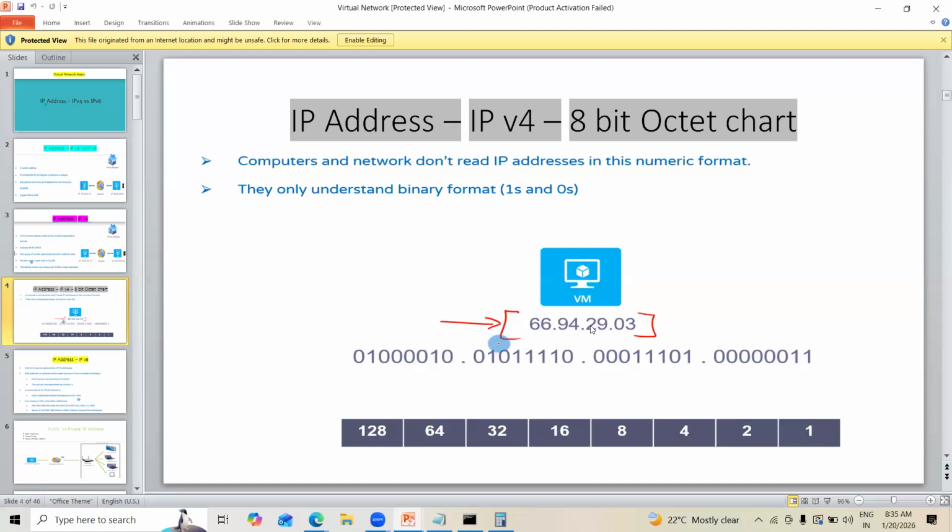In this part, 29. So for 29, which bits are enabled? First, 1 is enabled, 2 is not enabled, 4 is enabled, 8 is enabled, 16 is enabled. So the calculation is 16 plus 8, 24. 24 plus 4, 28. 28 plus 1, 29.